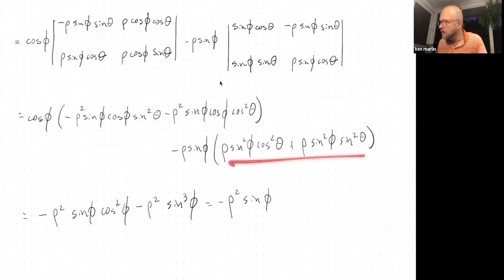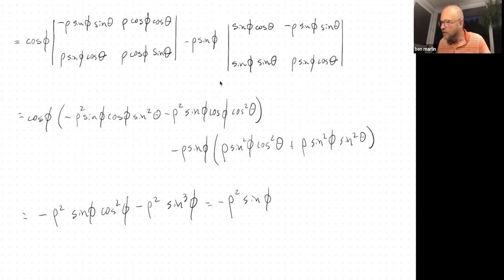On this one here, you already had a rho sine phi, and you get another rho and a sine squared phi here, and another rho and sine squared phi here. When you pull things out, you get a sine squared plus cosine squared, which, as we know, is 1.